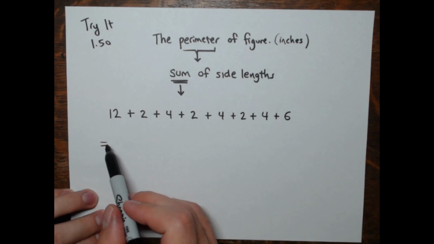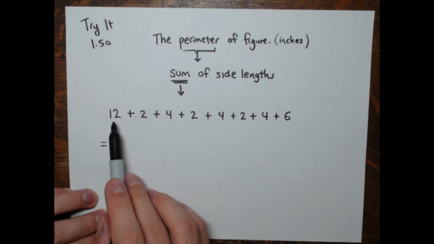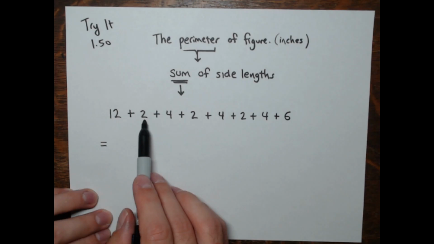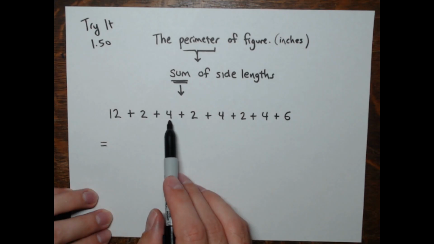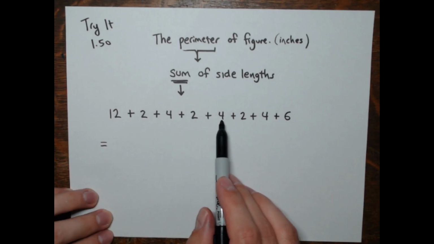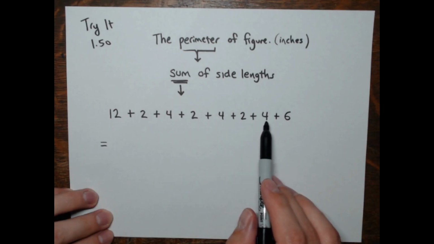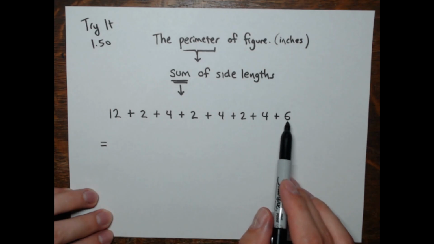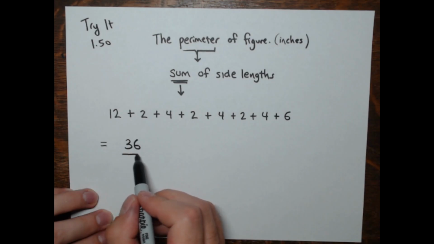All right, and then we'll simplify. Again, I'm just going to say this out loud, one at a time. 12 plus 2 is 14, plus 4 is 18, plus 2 is 20, plus 4 is 24, plus 2 is 26, plus 4 is 30, and then plus 6 is 36.